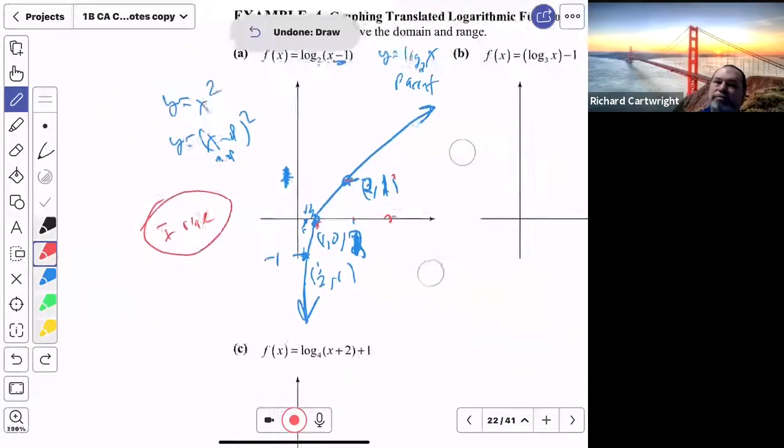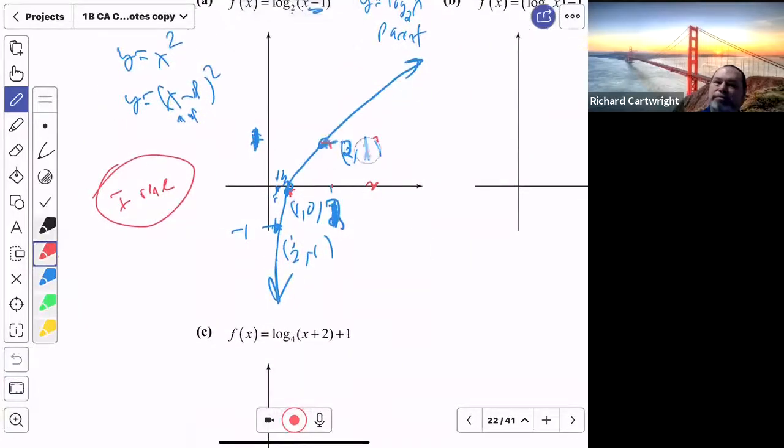It only goes right 1. So the asymptote also goes right 1. So the function is looking like that. Everything goes to the right one.